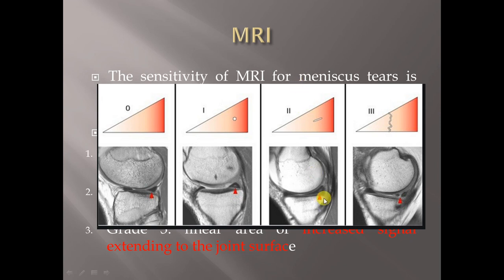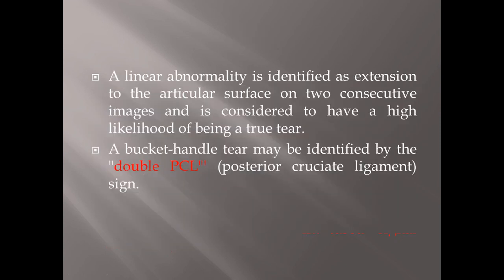This is mostly degenerative, but could be a tear. Here there is an extension down and extension up. If there is an articular extension, it is mostly a tear. If it extends in multiple sequences, the likelihood of it being a tear is far greater.